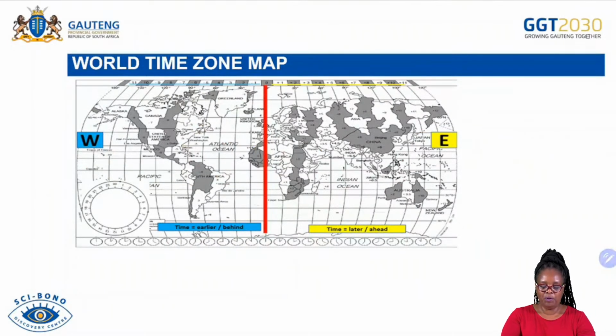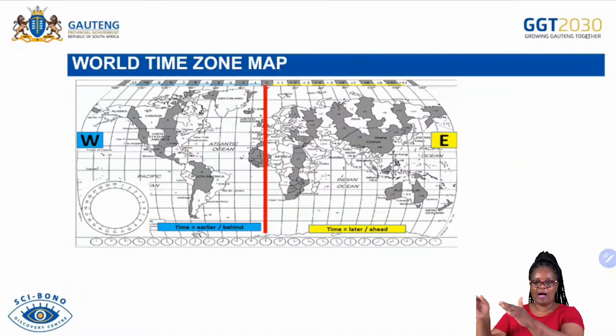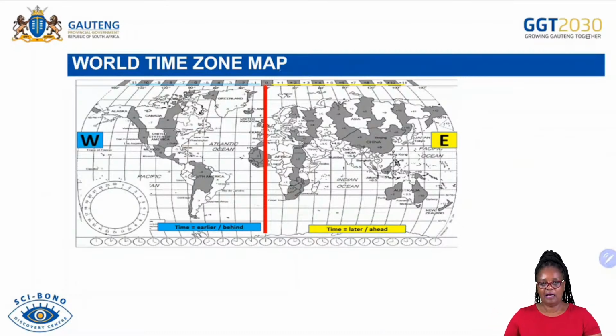Already by now, you know that London is at 0, there it is. But when you calculate with countries using DST, you don't have to confuse yourself. Just move one step forward. So London is here at 0, and we move to +1.